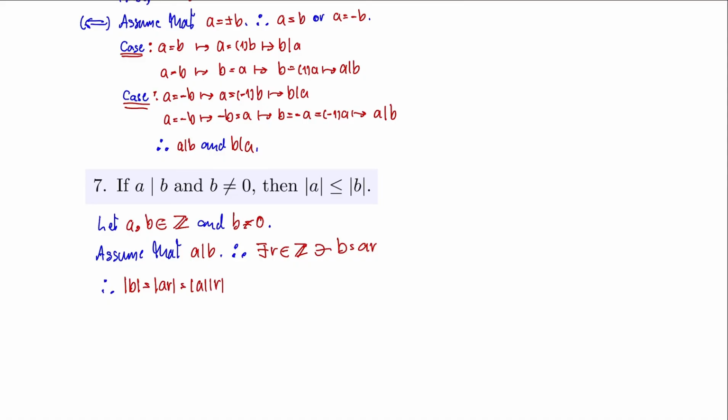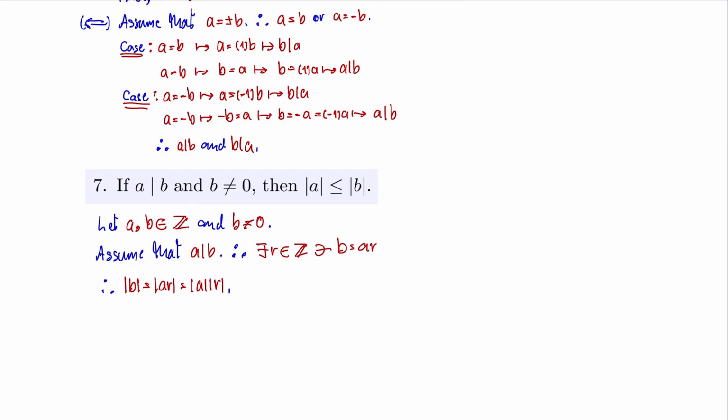But what is R exactly? Okay, sorry, A is the divisor and R is the quotient in this case. So if we take the absolute value, R must be greater than or equal to 1.